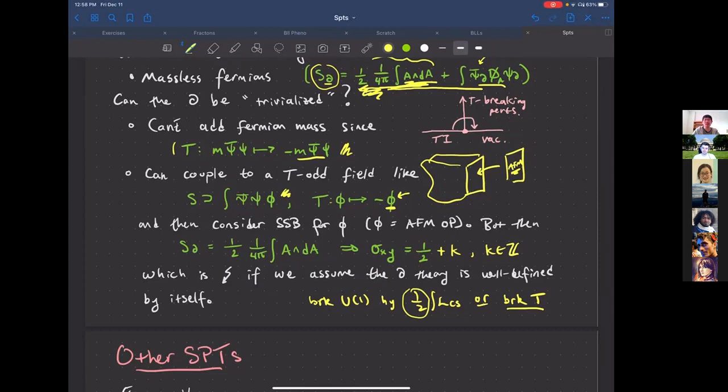Well, I guess I don't know a way of getting rid of the half part of the Hall conductivity.